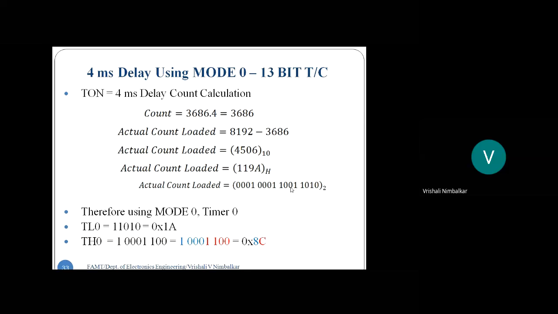And the immediate next 8 bits, that is 6, 7, 8, 9, 10 up to 12, load it in higher register. So the count that will be loaded is 8C1A. The actual count came as 119A, but after grouping those 13 bits, the count loaded is 8C1A hex.